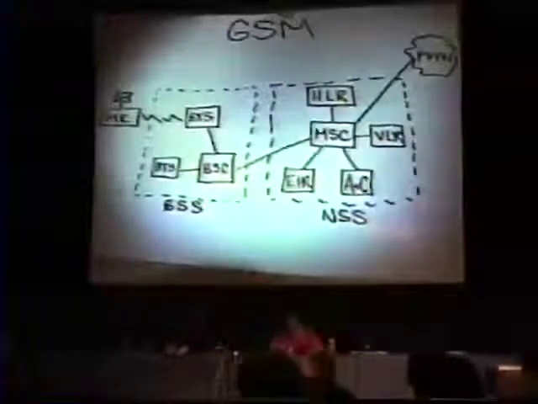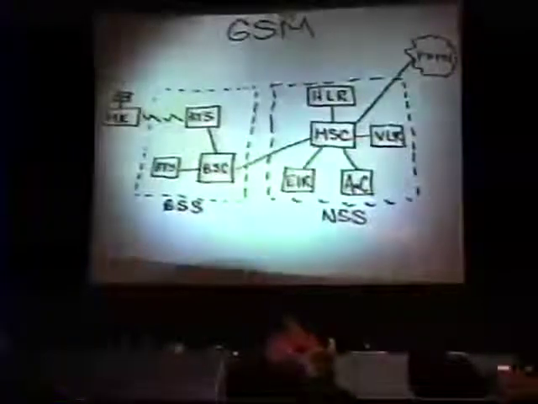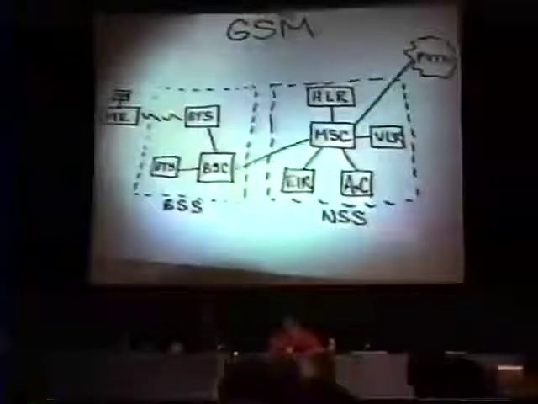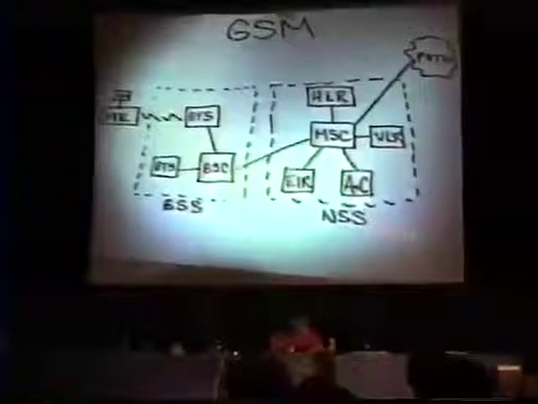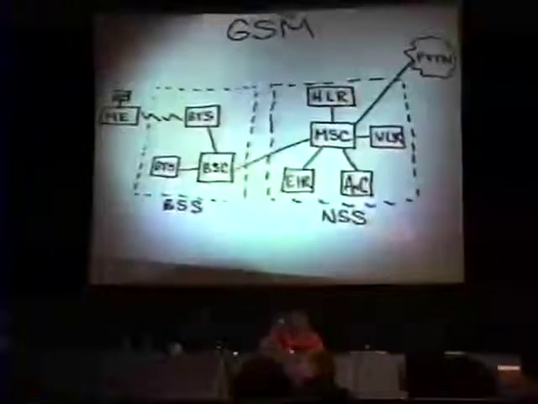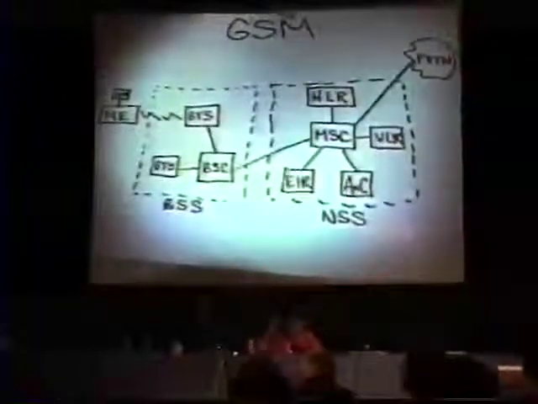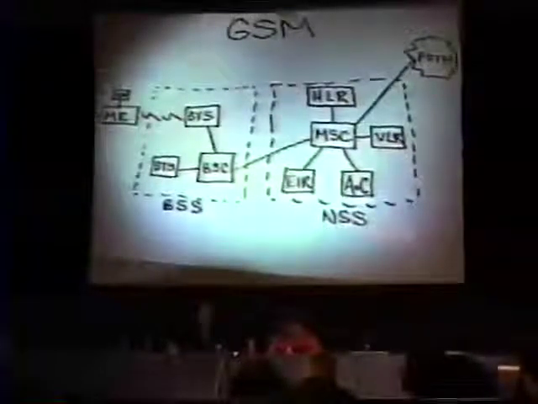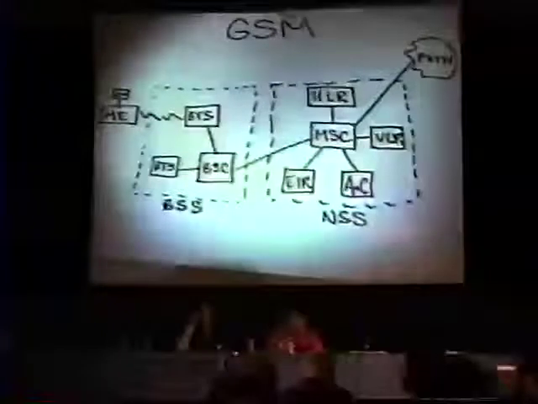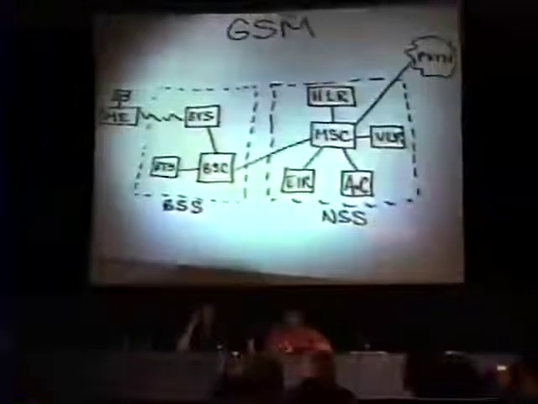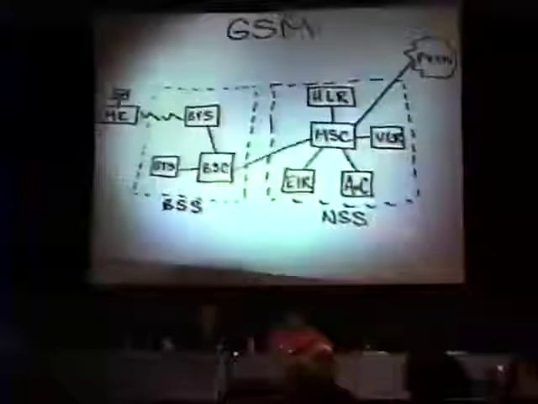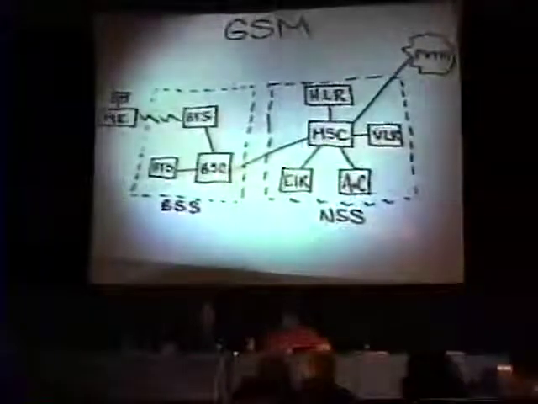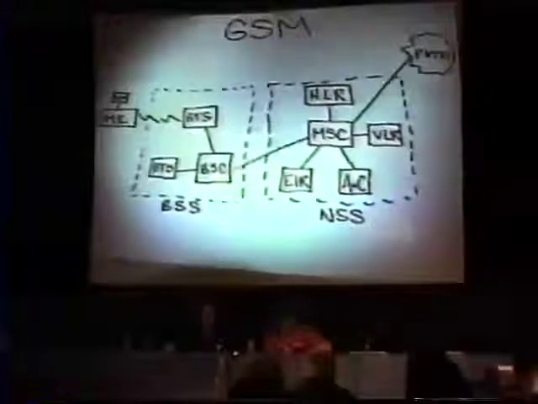Now, when you make a call with your handset, your mobile equipment, you go over the airwaves to the nearest cell site, which in GSM nomenclature is known as a base transceiver station, the BTS. BTSs are normally located on the roofs of apartment buildings, and are connected over leased lines, T1s for example, to the nearest base station controller, the BSC.